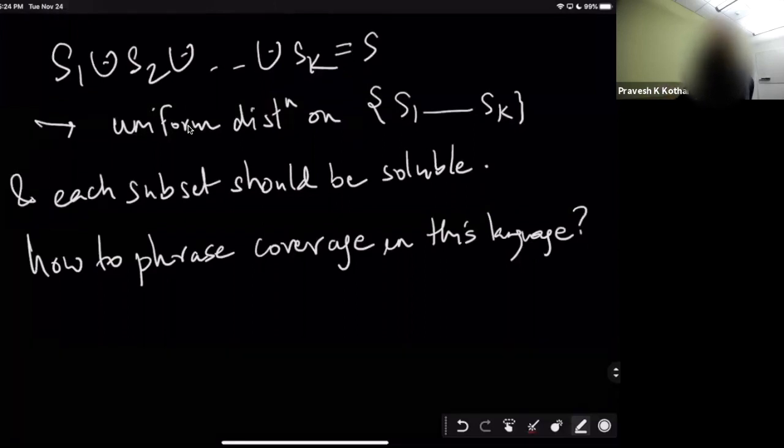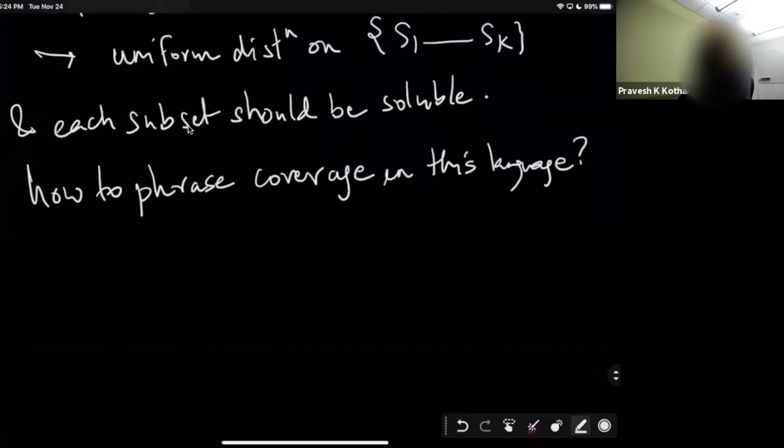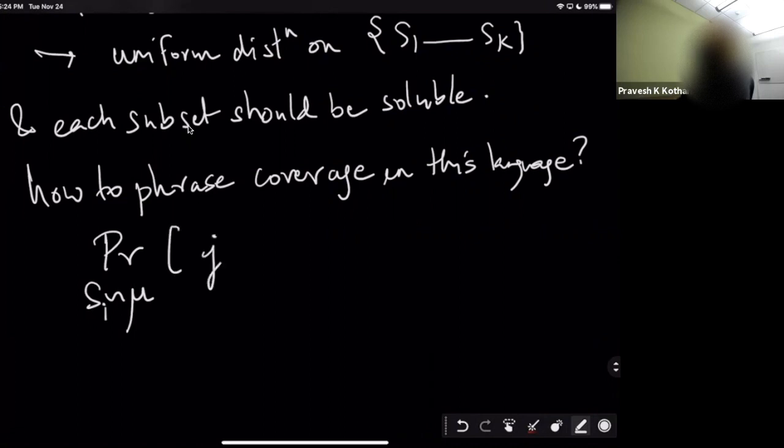Now, you would agree that in a partition, if I compute the following probability: I have a distribution on subsets, I sample a subset, let's say Si, from mu, and then compute the probability that some sample xj, yj is included in Si.